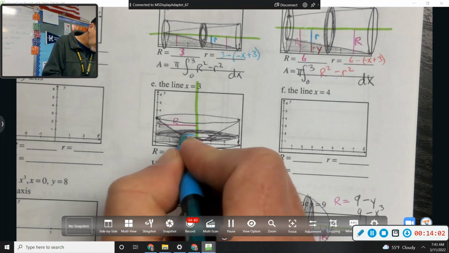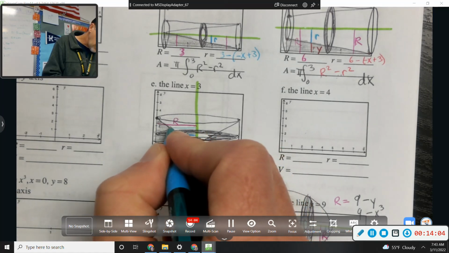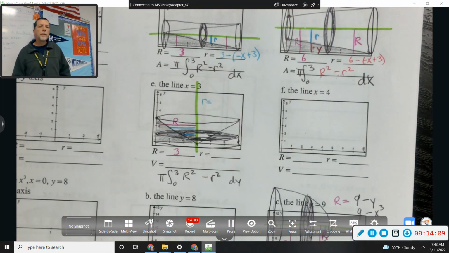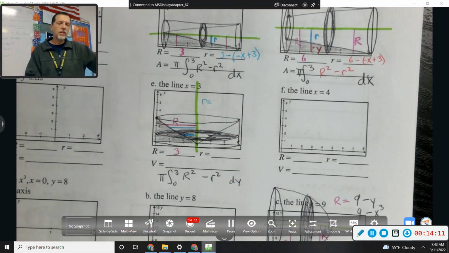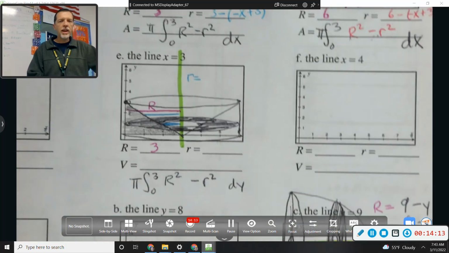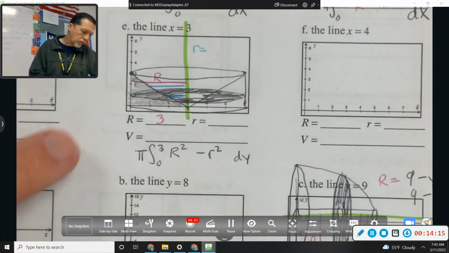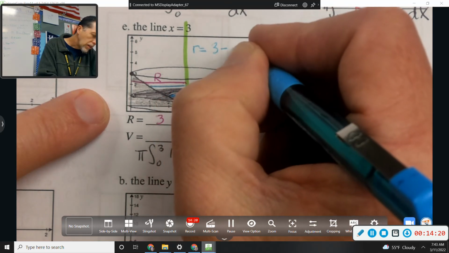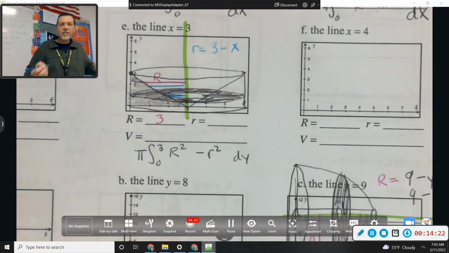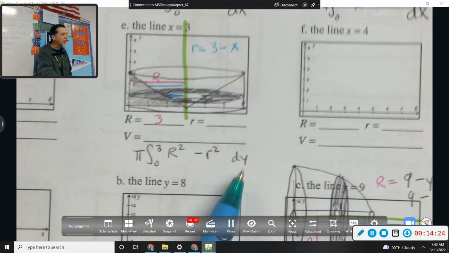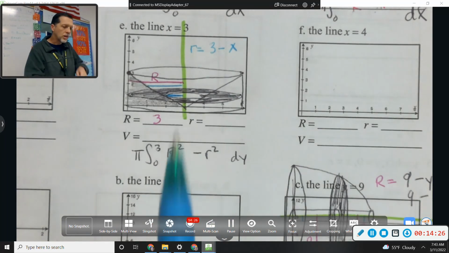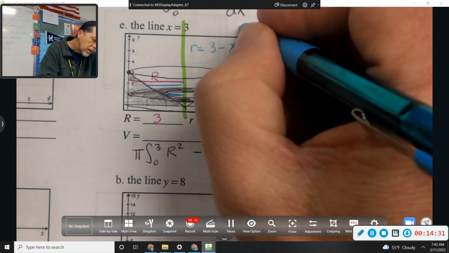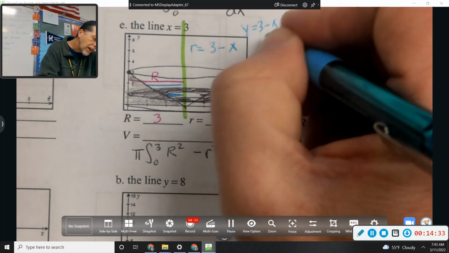Little r isn't measured from an axis, so it's going to be a minus problem here. I would say 3 minus x to start with. That's not good enough because I need it in terms of y, but it's not wrong. What does x equal? Let's see, y equals 3 minus x.